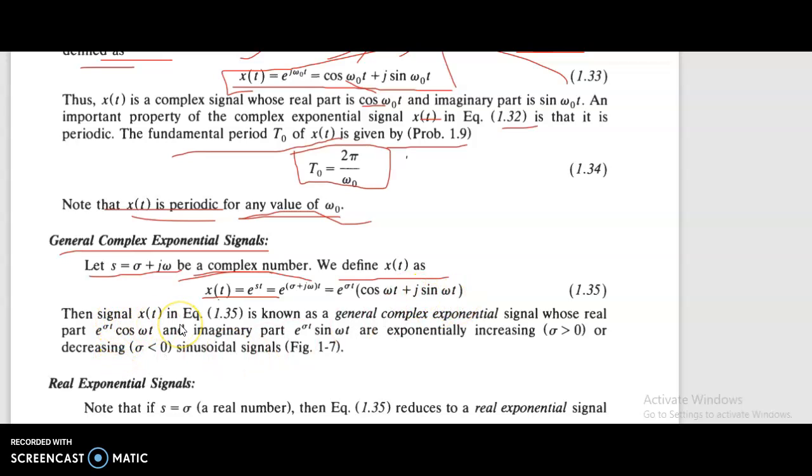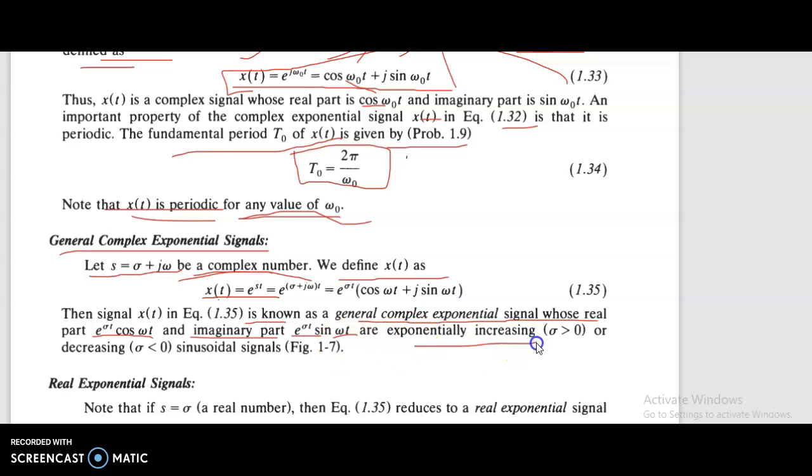Then the signal x of t in equation 1.3 is known as the general complex exponential signal, whose real part is e power sigma t cos omega t and the imaginary part is e power sigma t sin omega t.